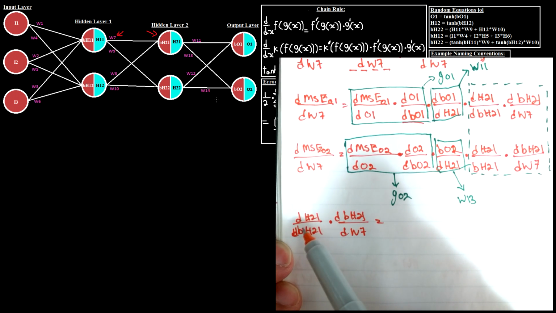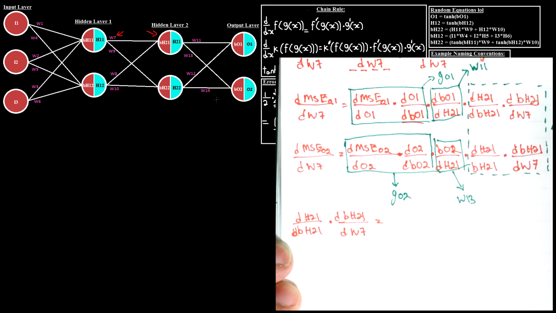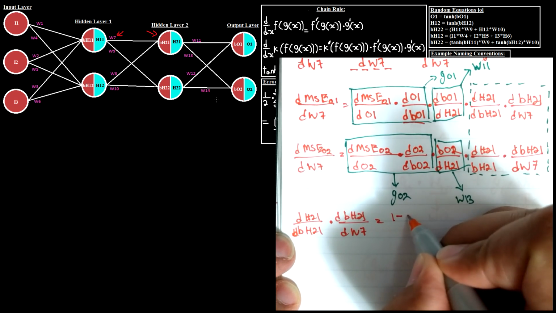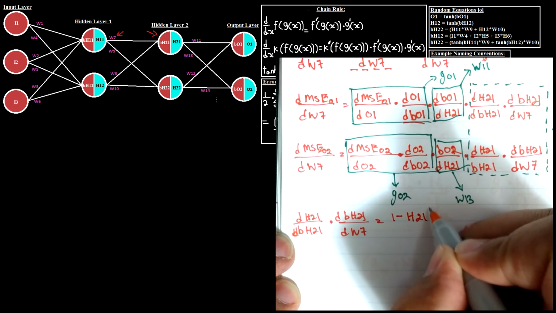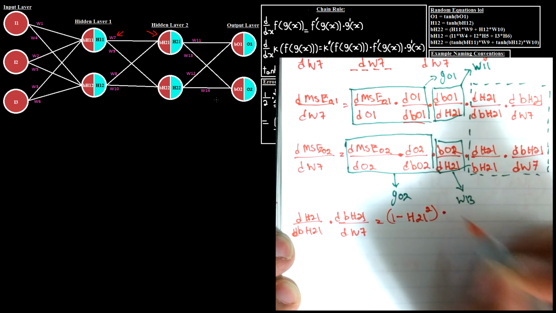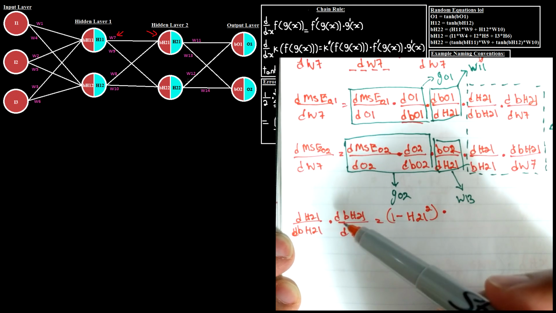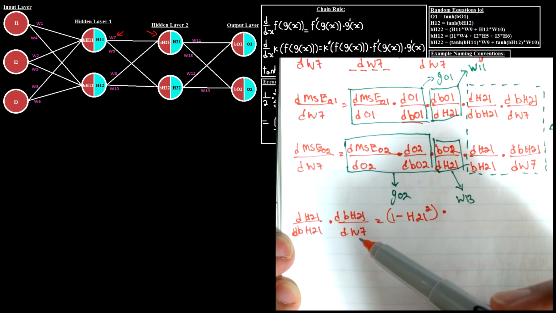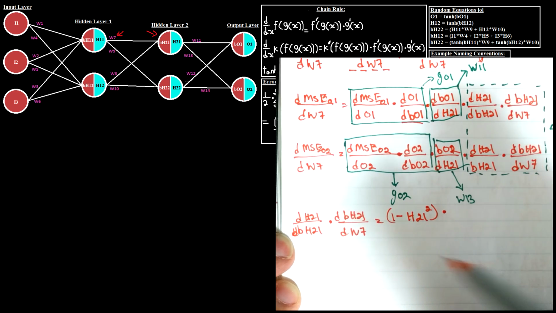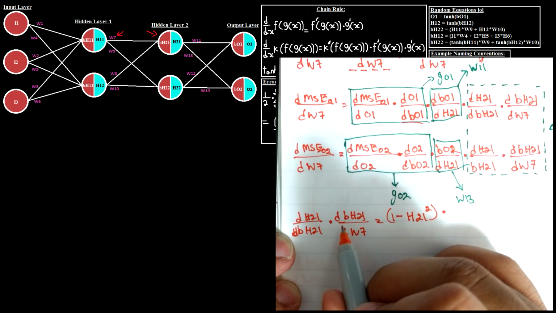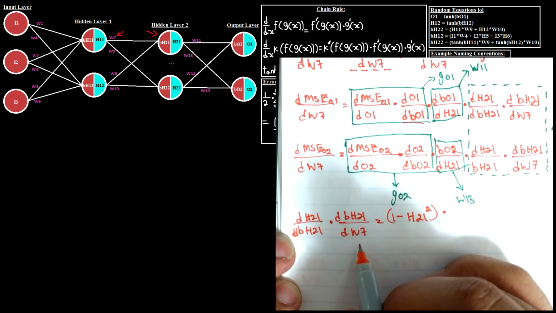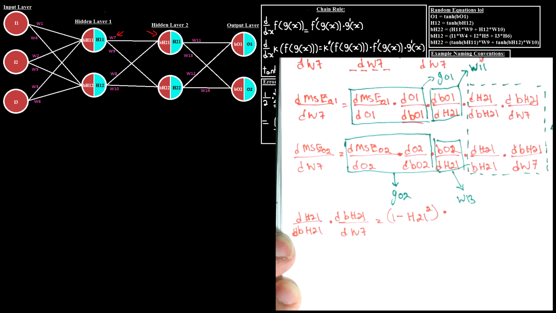So in this case, it would just be 1 minus H21 squared, multiplied by the derivative of before activation H21 with respect to weight 7. That's almost just like saying the derivative of before activation of output 1 with respect to weight 11, which was just H21. In this case, the derivative of before activation of H21 with respect to weight 7 would just be H11.